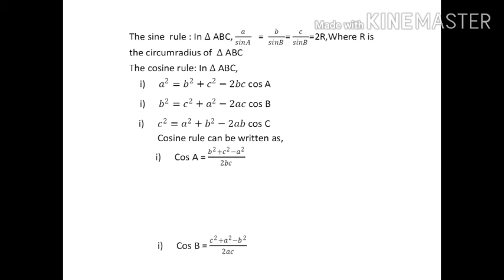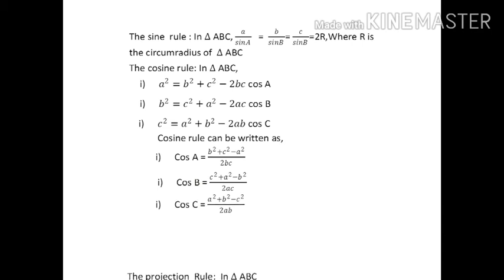Also cos C is equal to a square plus b square minus c square upon 2ab. Now, how to learn this cos A: a square subtract, b square subtract and c square subtract here.